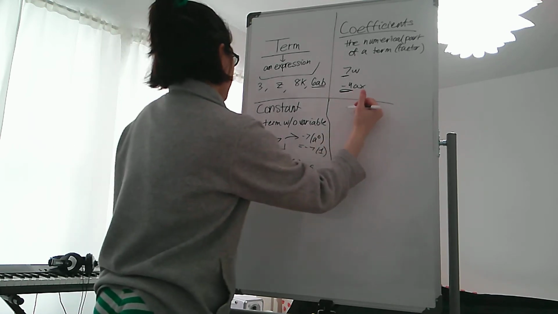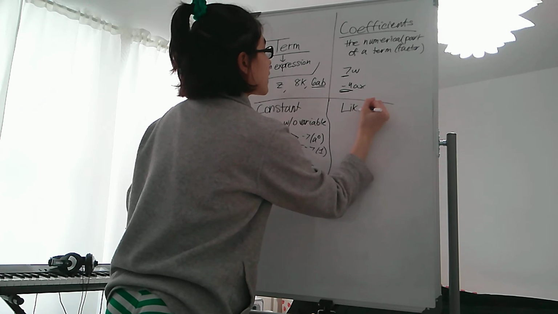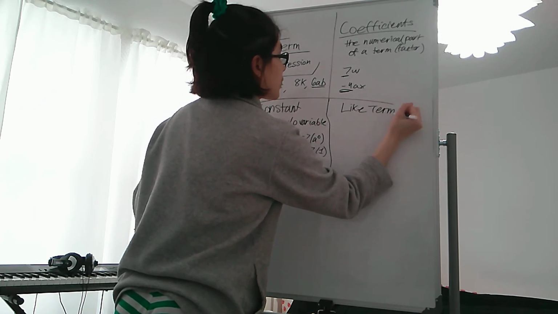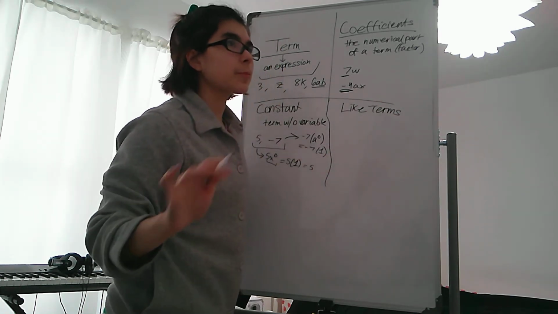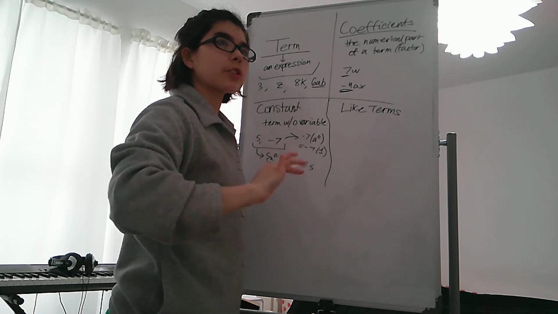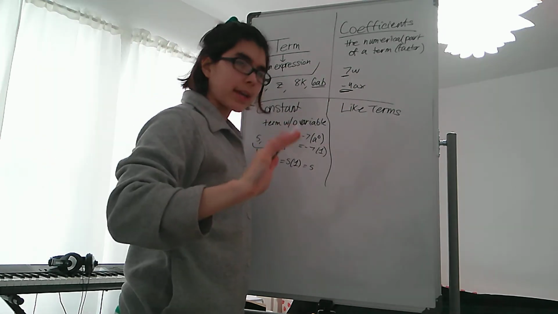Okay, the last one, I told you this is going to be a shorter video: like terms. And this is a heads up for what I want to cover in my videos next week. Like terms, specifically what to do when you have an expression where you've got like terms and you want to simplify that expression.